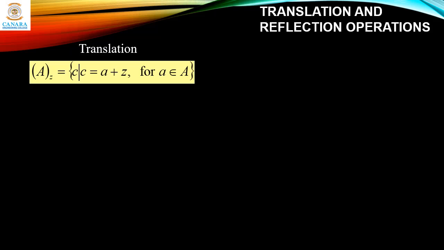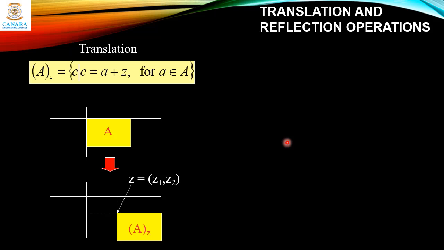Translation is expressed as A of Z, where Z is the translation magnitude, equal to C, where C is A plus Z for all A belonging to the set A. So this is the subset A, and when we perform translation, we move the object by Z units, which is Z1 and Z2, along the x and y axis.